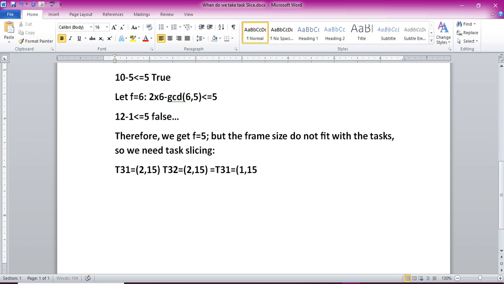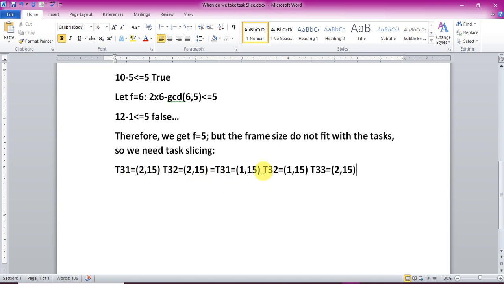T3 2 is equal to 1, 15, and next T3 3 is equal to 2, 15. So this isn't working, as you have seen.